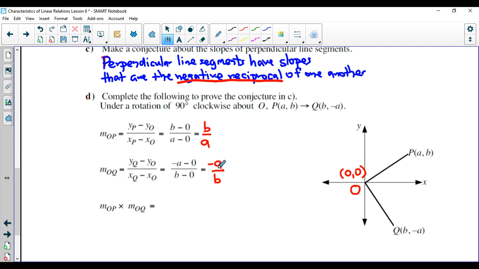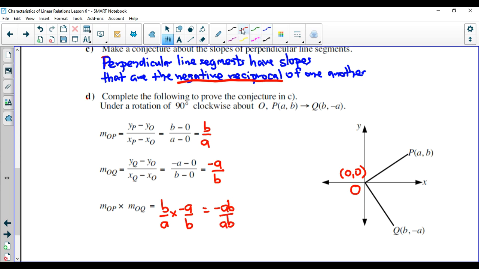But perpendicular line segments have a slope that is a negative reciprocal. So if you actually take the slope of two line segments that are perpendicular and multiply them together, so if we want the slope of line segment OP multiplied by the slope of line segment OQ, this would be B over A times negative A over B, which would be equal to negative AB divided by AB.